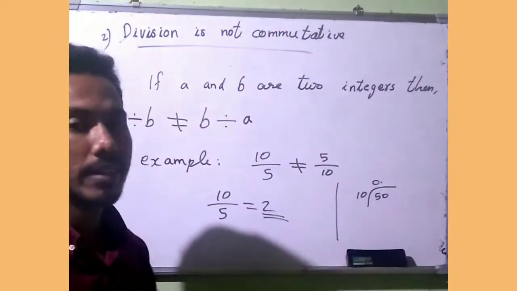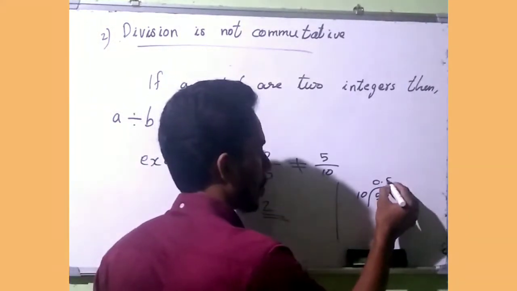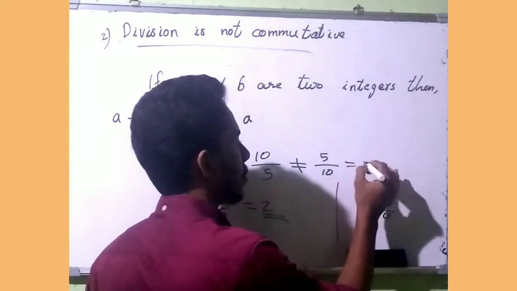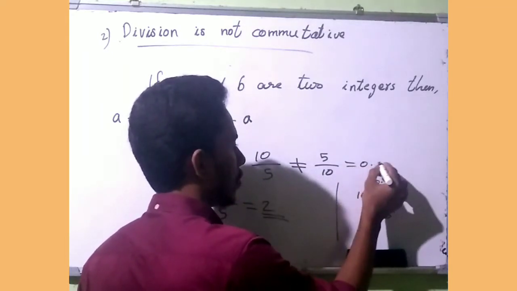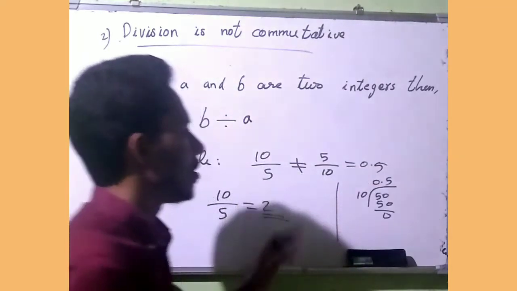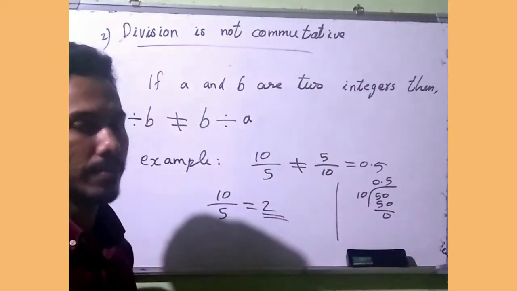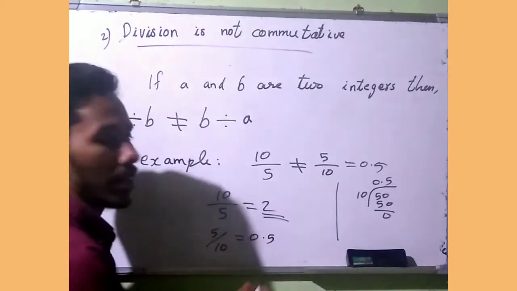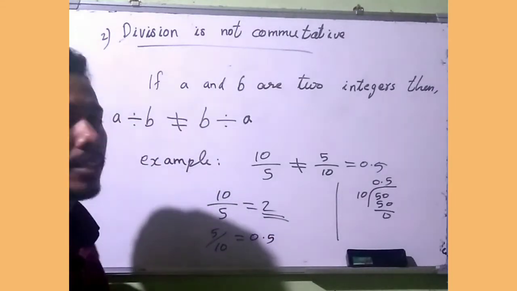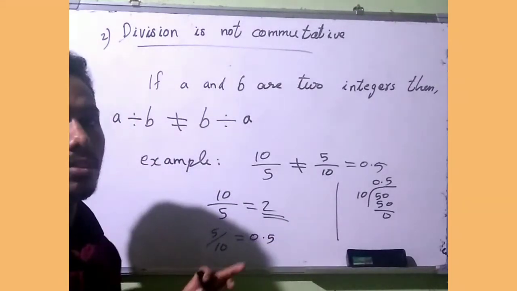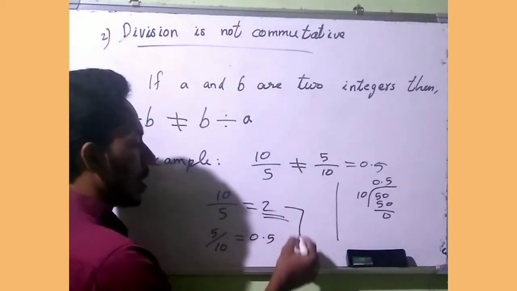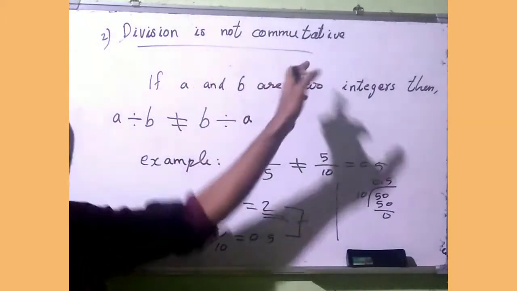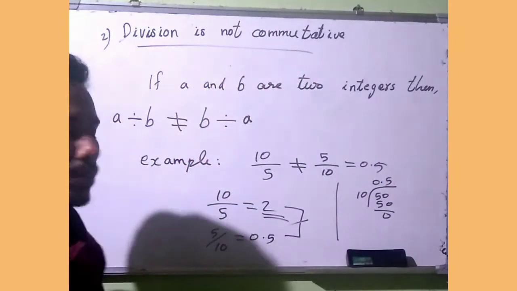How many tens are there in 50? So the answer is 0.5. So 5 by 10 is 0.5 and 10 by 5 is 2. They are not equal. That means division is not commutative.